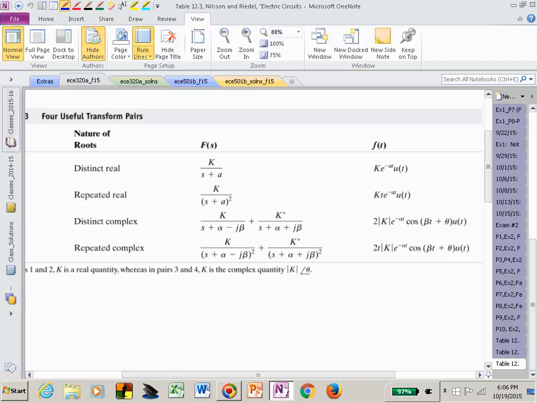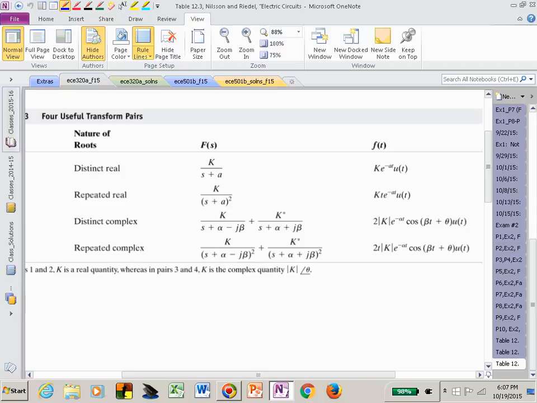Now you know the expression to go back and forth between the time domain and the frequency domain. This is table 12.3. But now I think the question was, well, how do I find the coefficient above the unsquared factor? And there you might want to find two convenient values of s, and you now have two equations and two unknowns to solve for.